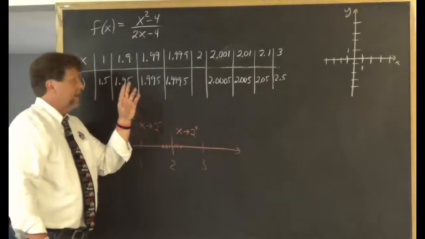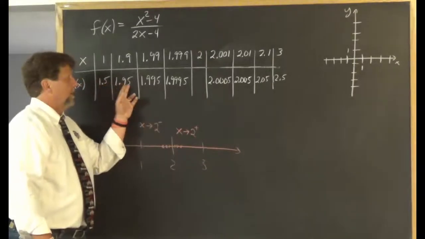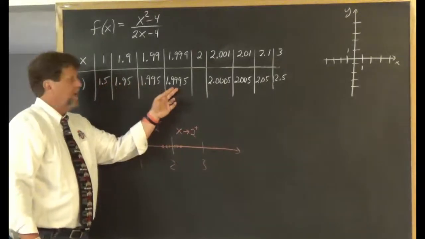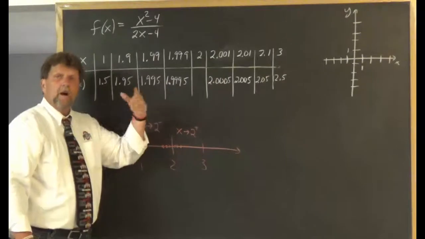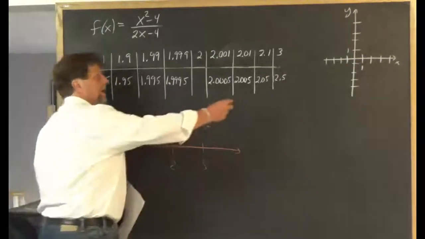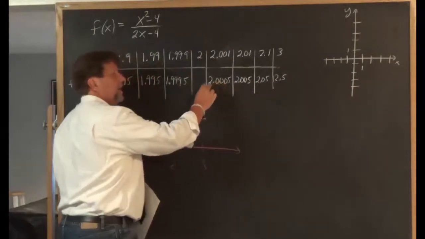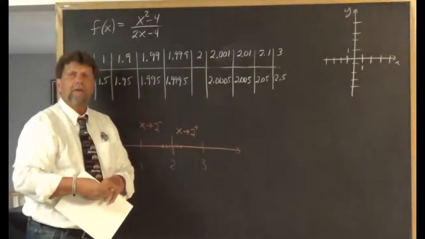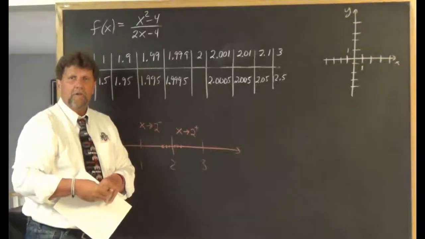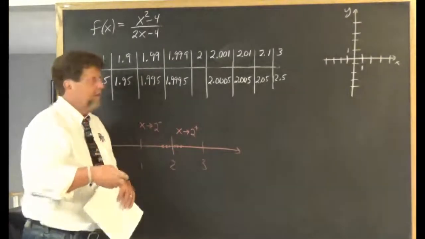And as x gets closer to 2 from the left side, the functional values are getting closer to 2. And as x approaches 2 from the right side of 2, those functional values are also getting closer to 2.